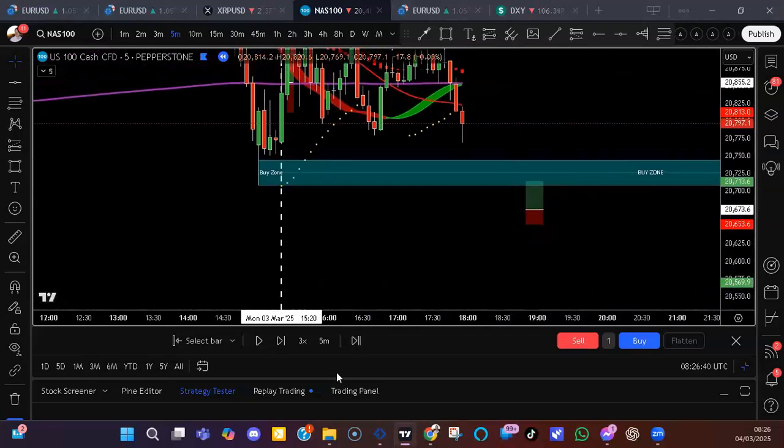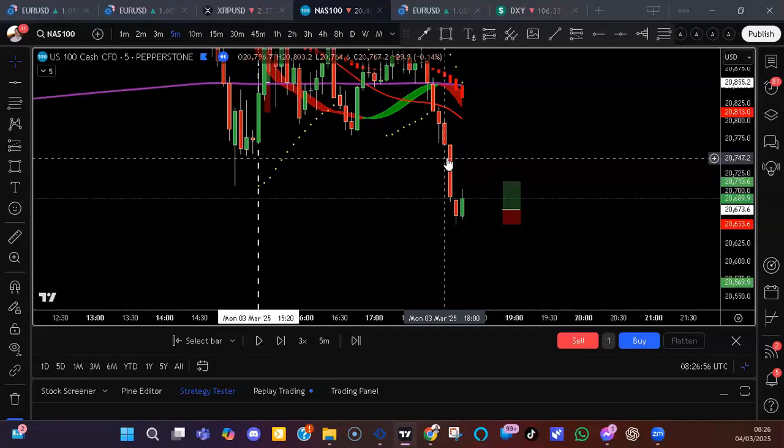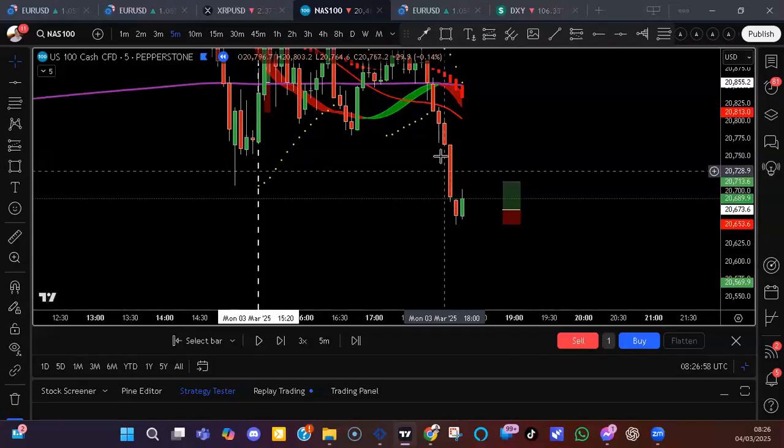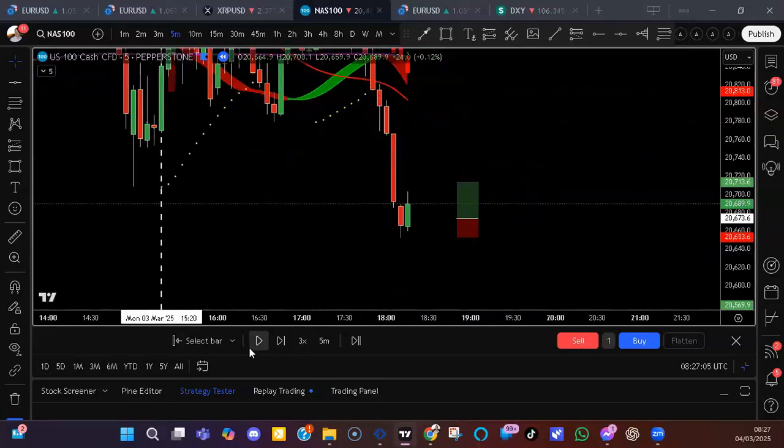So let's just do that quickly one more time. Sorry about the mute. Let's see if indeed the candles go down. And as you can see, the candle on the 5-minute did go back through the buy zone. So we were looking for the next buy, essentially.